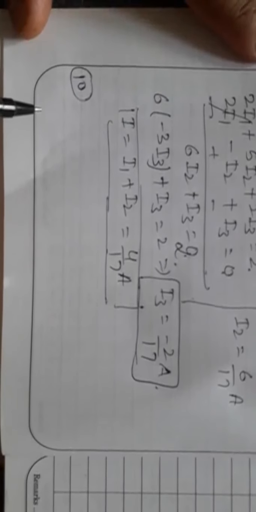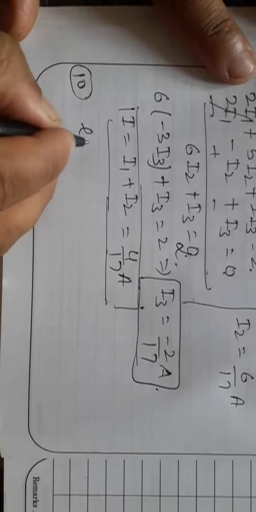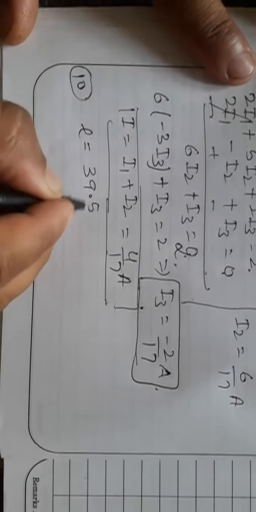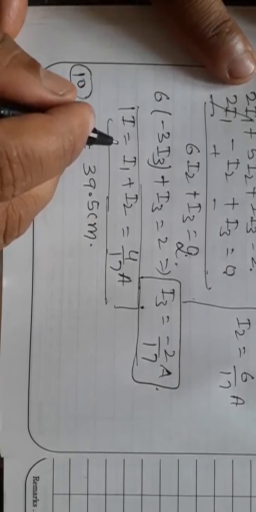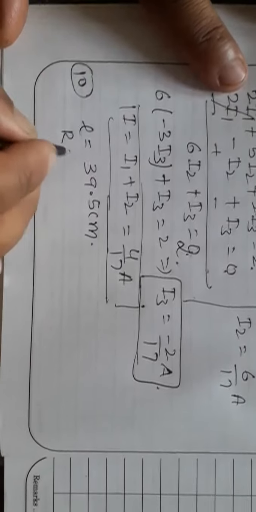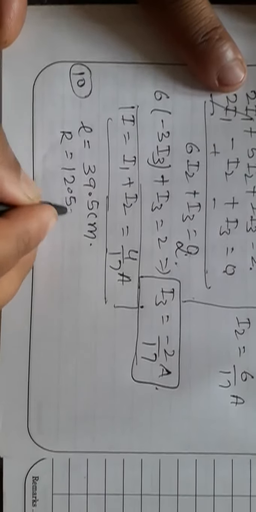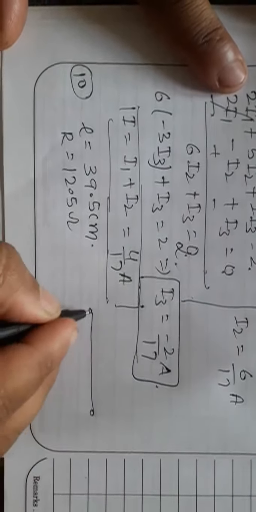Question number 10 is basically based on the meter bridge. In a meter bridge, the balance point is found to be at 39.5 centimeter from the end A when the resistor Y is of 12.5 ohm. So capital R is equal to 12.5 ohm. This is my meter bridge.